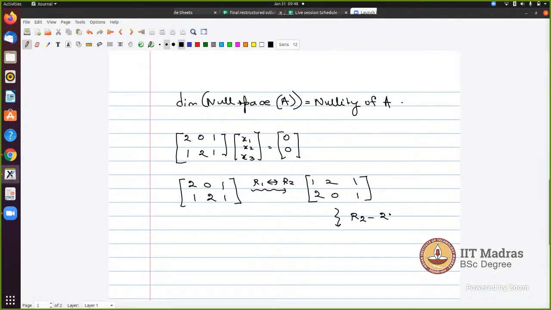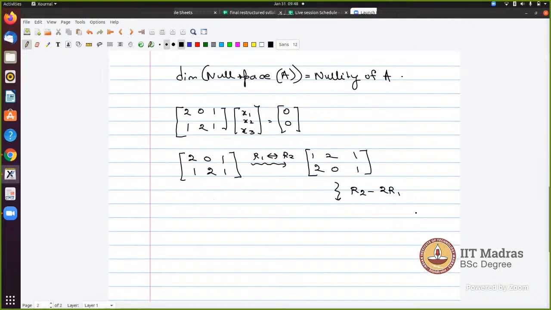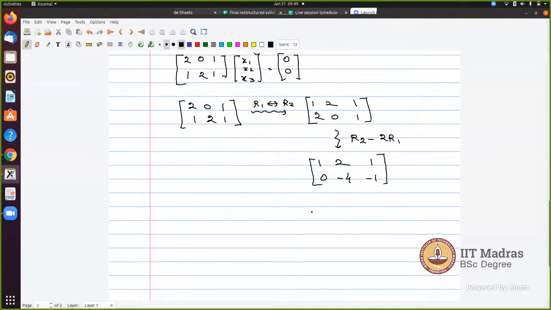Then R2 minus 2R1. So what I get here is 0, minus 4, minus 1. And then I can do R2 by minus 4. So 1, 2, 1, 0, 1, 1 by 4.